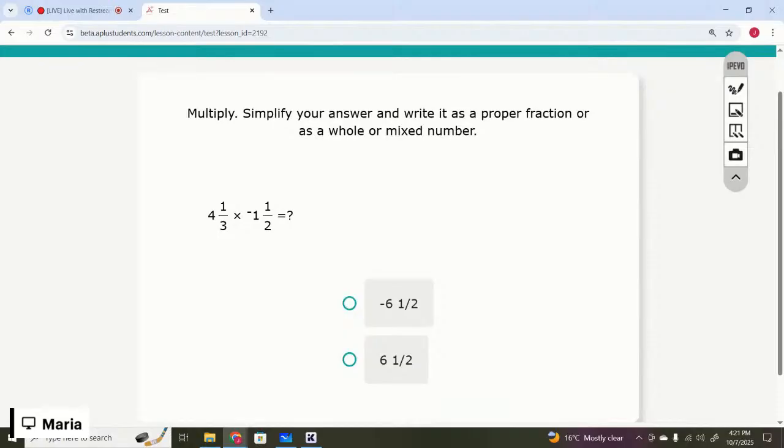4 whole 1 by 3 times negative 1 whole 1 by 2.